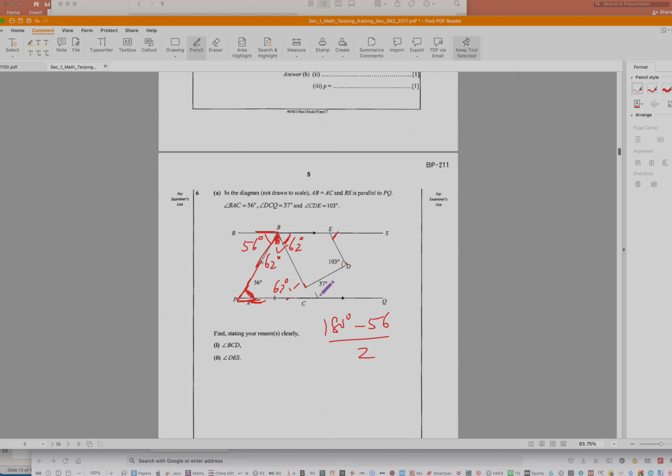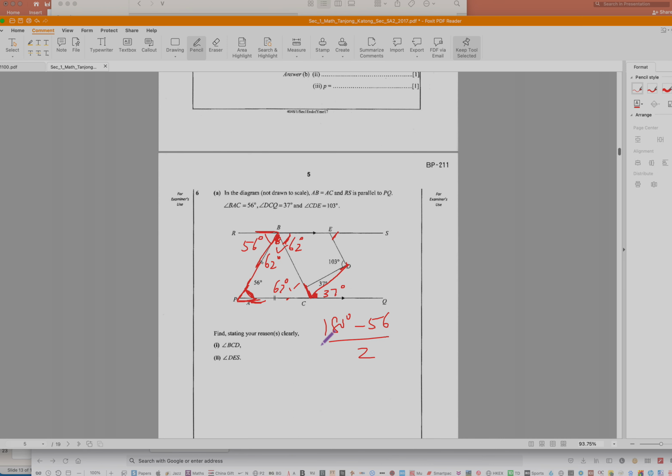I don't know which one is 37. But see, 37 is DCQ. Oh, DCQ, okay. That means they have another line here. That means this is 37.